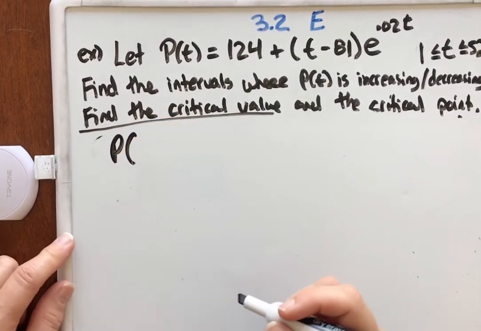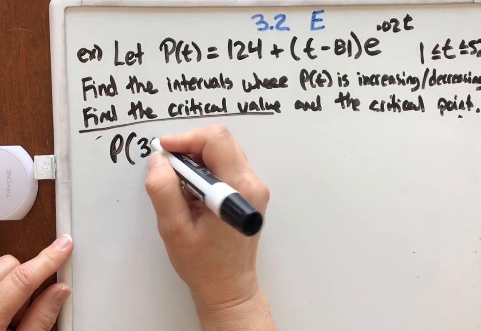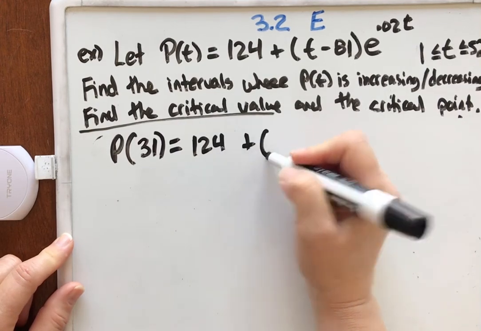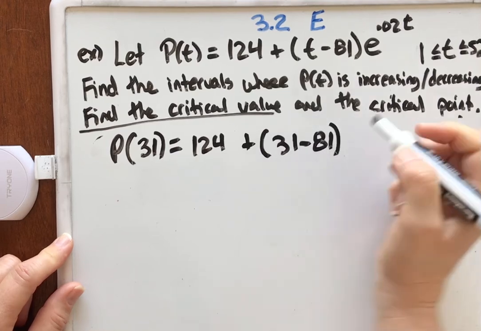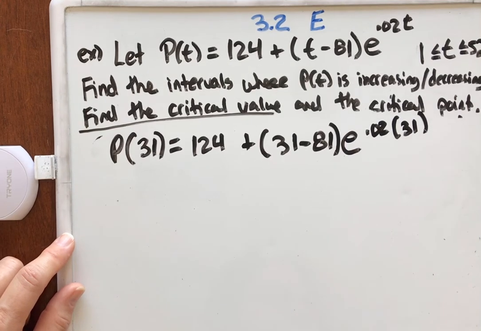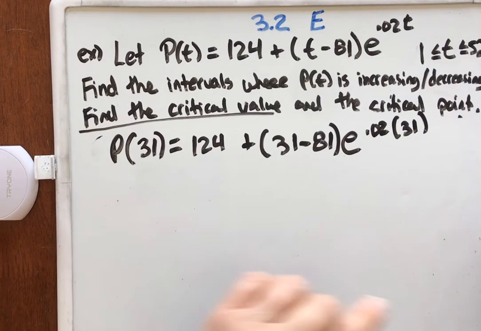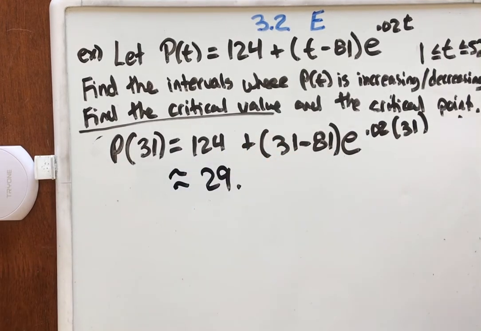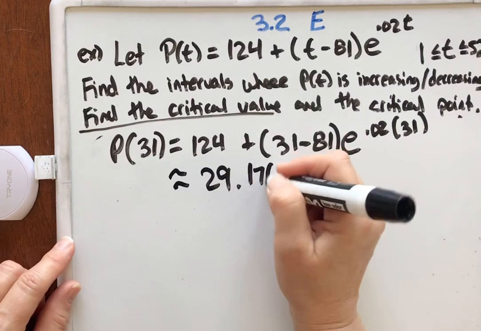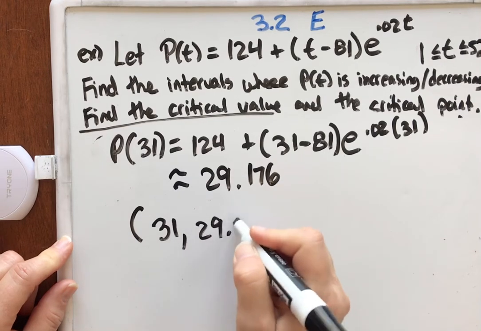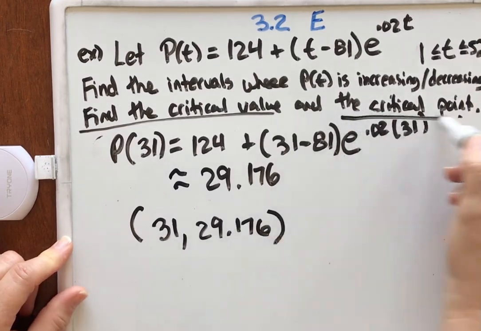So we're going to put P of 31 into our equation: 124 plus (31 minus 81) times e to the 0.02 times 31. When we are done with that, which you can calculate on your own, it comes out to approximately 29.176. So our critical point is going to be (31, 29.176). That is our critical point.